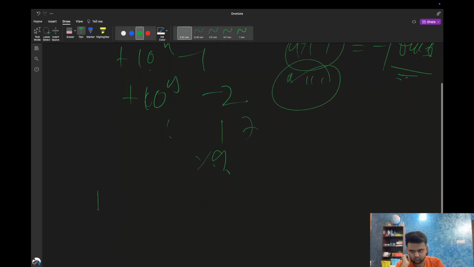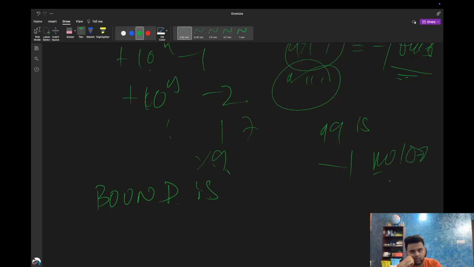Right. This 99 is minus 9, minus 1 mod 100. Okay.